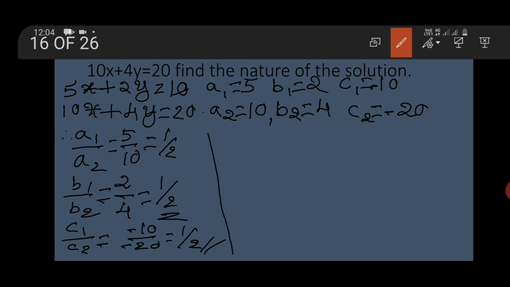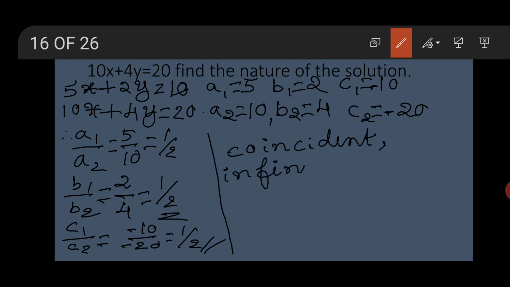Therefore the lines are coincident. Then they are consistent. It has infinitely many solutions. Equations are consistent.